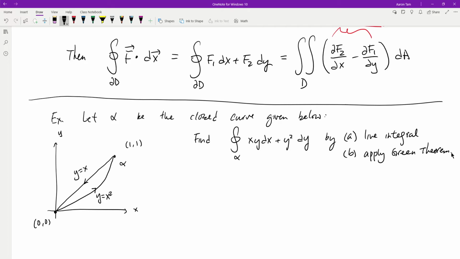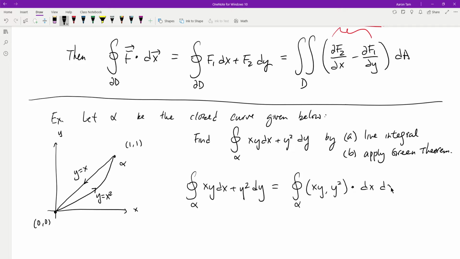Okay, so let's try to find this line integral. Before we actually get started, understand the following. This integral right here is actually the same as this one, just written with the dot product.